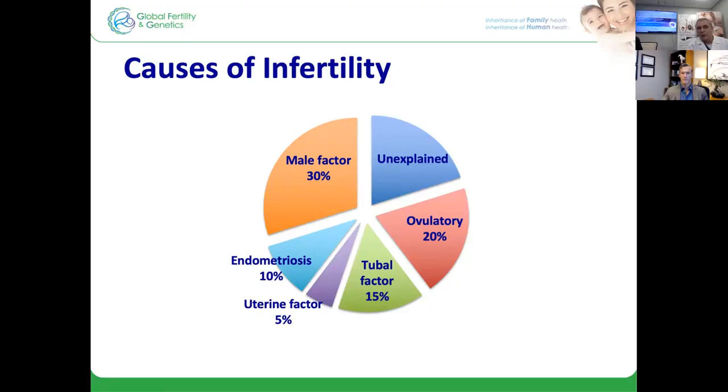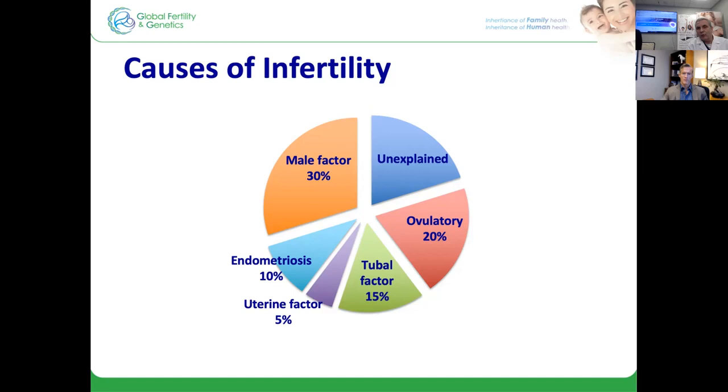Then there are patients who don't ovulate, having a problem. There are patients with obstructed tubes. There are patients with endometriosis, and there are also patients with a problem with the uterus. And the uterine problems sometimes will need a surrogate if they are very severe.